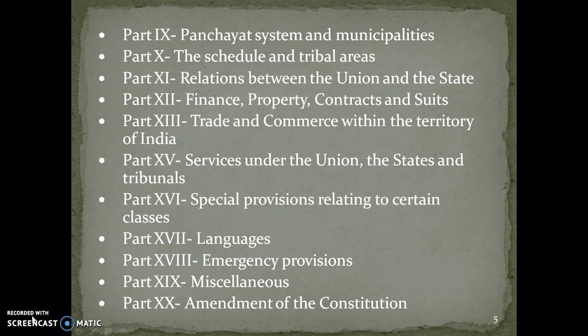Part 9, Panchayati Raj system and municipalities. Part 10, the schedule and the tribal areas, their rights, duties, and responsibilities are mentioned. Part 11, relations between the Union and the state, their rights combined.